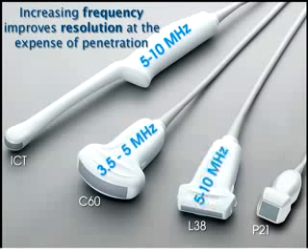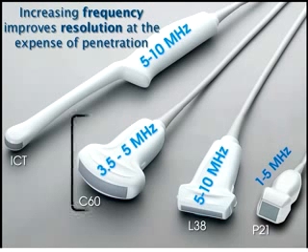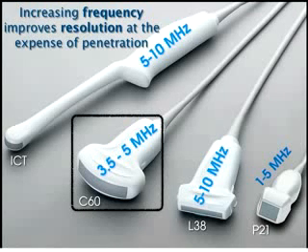In order to decide which transducer to use, it's important to remember the relationship of frequency to resolution and penetration. As you increase the frequency of the transducer, you will have improved resolution at the expense of penetration. Since the bladder is a structure that's down low in the pelvis, we're going to need to penetrate the sound into the pelvis, and the best transducer to use from a transabdominal standpoint is this large footprint, low frequency transducer.